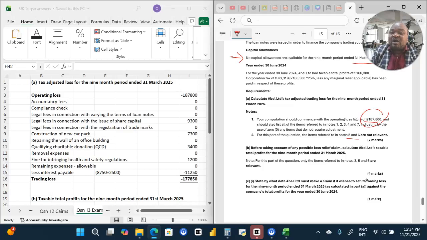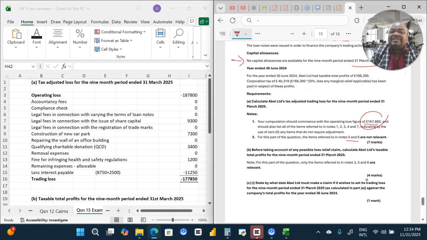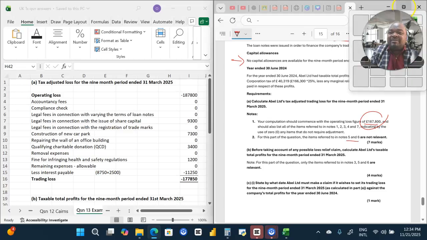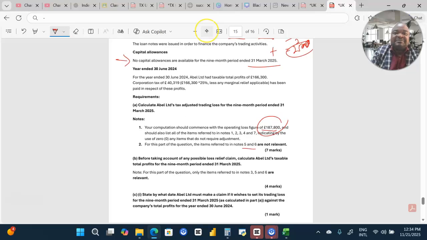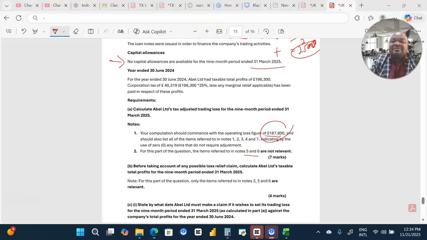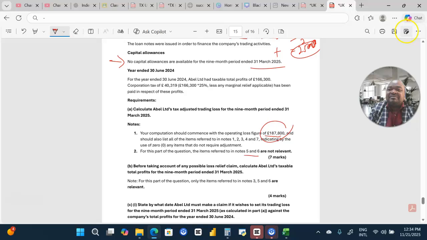So you are now required to compute the taxable total profits. Ladies and gentlemen, this is a Part C type question. So if you joke with it, that's your own baby.